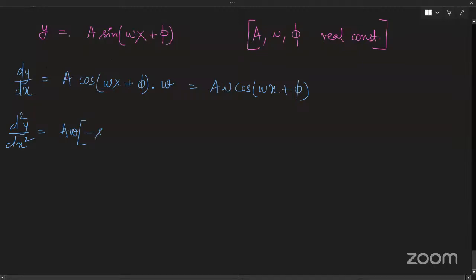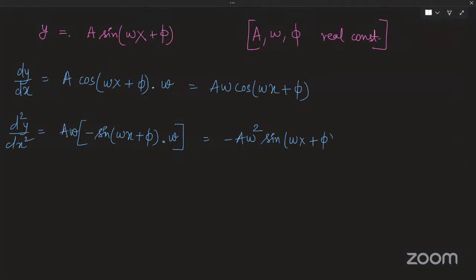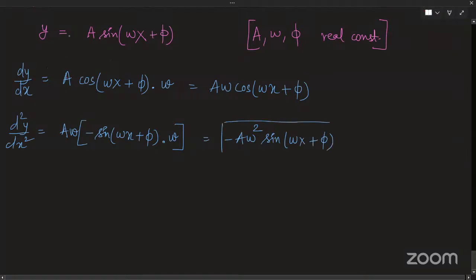It will be minus sine of omega x plus phi into omega. So this thing can be written as minus a omega square into sine of omega x plus phi. Correct.